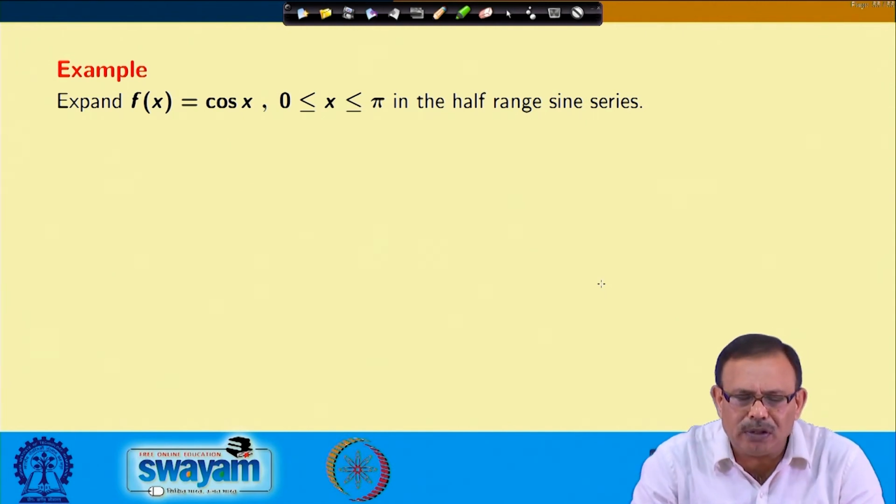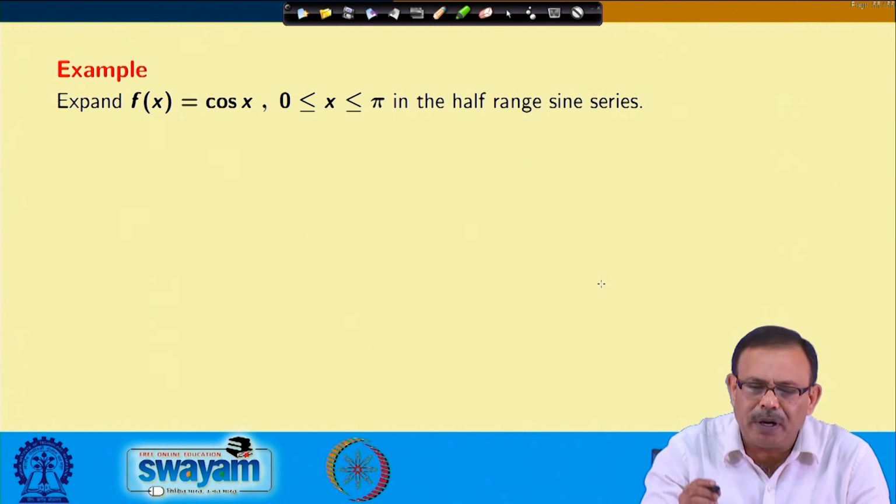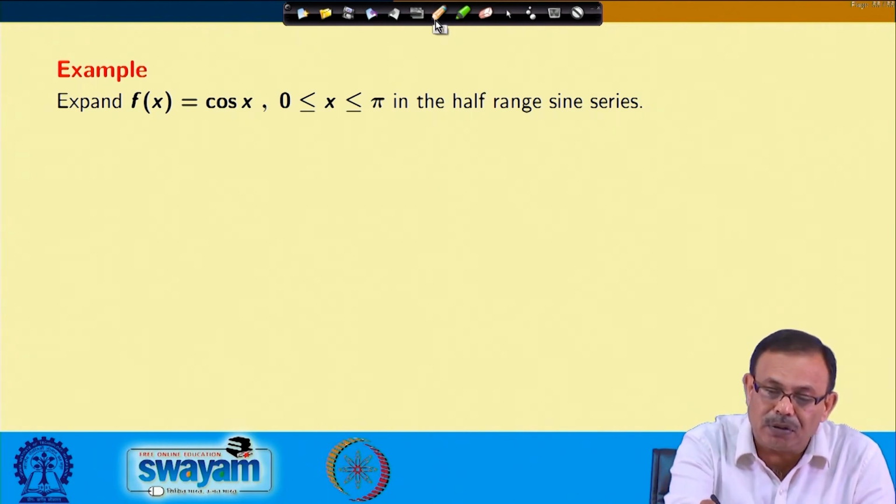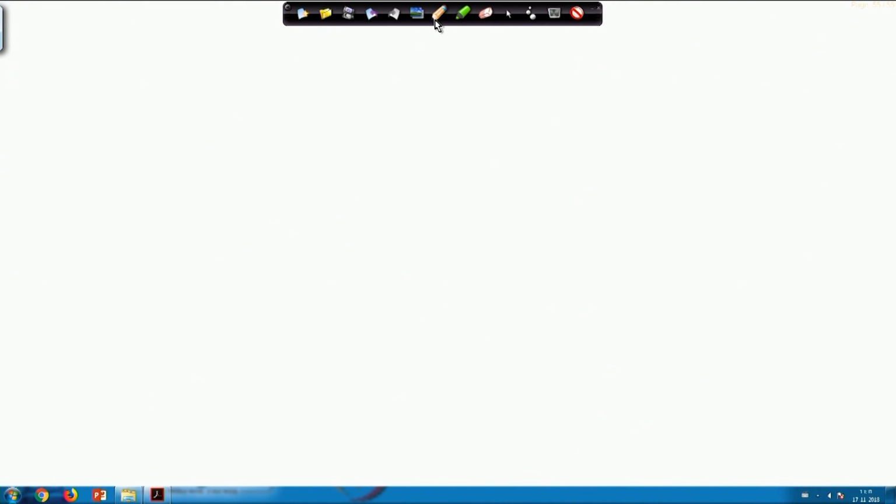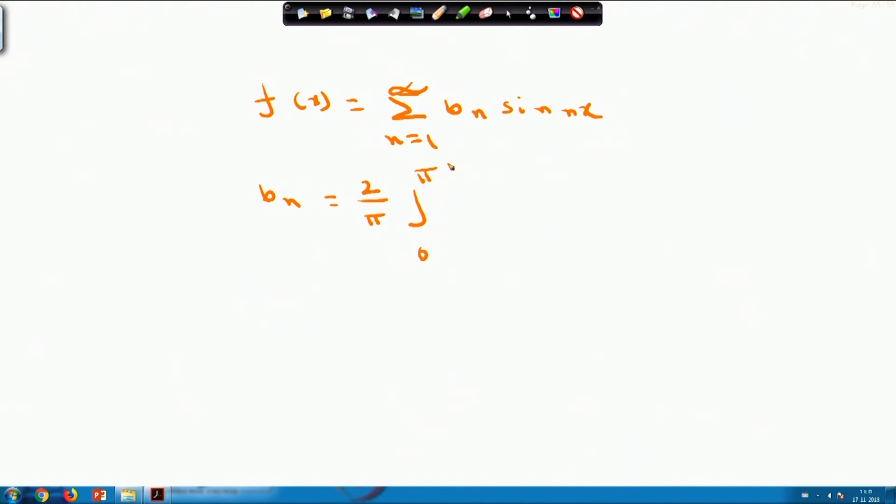Expand f x equals cos x as a half range sine series. Please note, we want to expand it as a half range sine series. So, the half range sine series of f x, we can write down as summation n equals 1 to infinity b n into sin n x, where b n will be equal to 2 by pi, defined in 0 to pi.